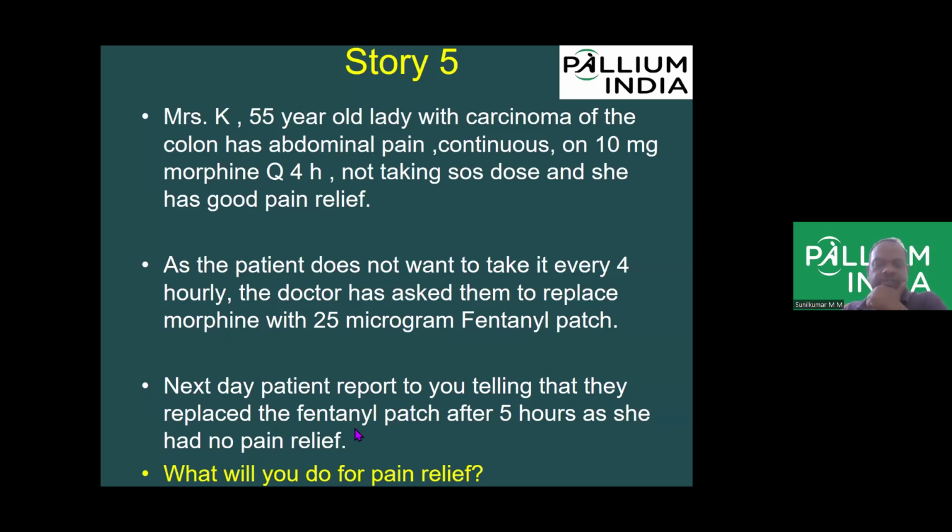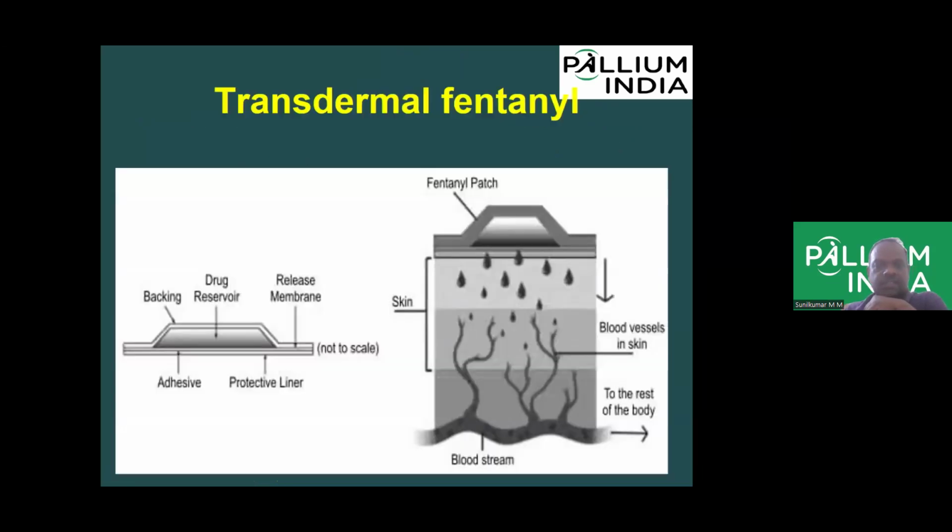So we have to understand some facts about the fentanyl patch because nowadays everybody is using it, which is not a good practice. You can see this is the fentanyl patch, and the protective liner would be removed before you keep it on the skin.